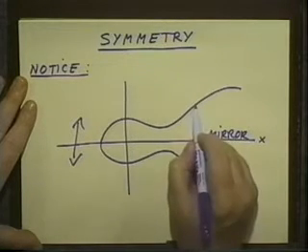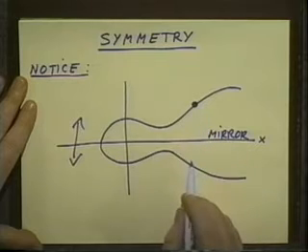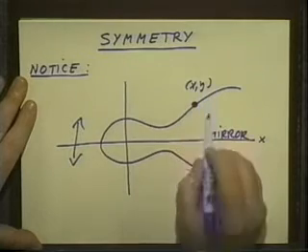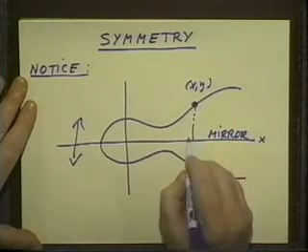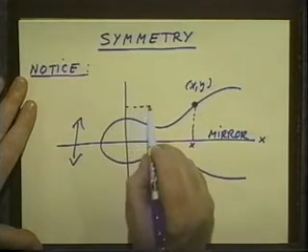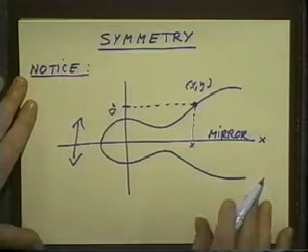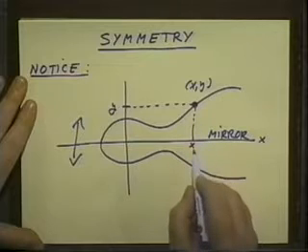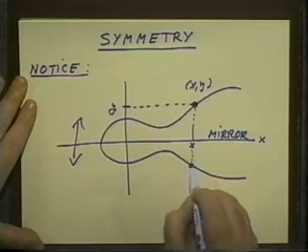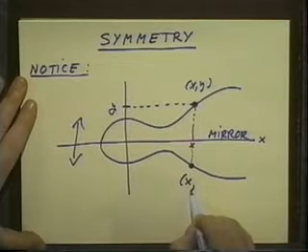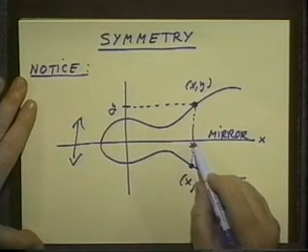Well, let's see. What would a point on this graph look like? An arbitrary point is going to have coordinates x, y. So this is x, and this is a height of y. Those are the coordinates for the point. Now, because of the symmetry, if I come down here below, I know that this point is going to have the same x coordinate as the previous point.